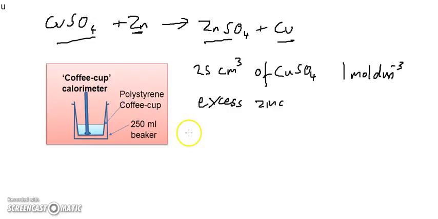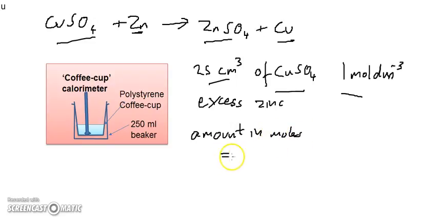Later on, you'll need to know exactly how many moles of copper sulfate have reacted. So let's just quickly calculate how much copper sulfate we've used. It's 25 centimetre cubed of copper sulfate and it's 1 mole per litre. So hopefully you remember the equation. Amount in moles equals concentration times volume.